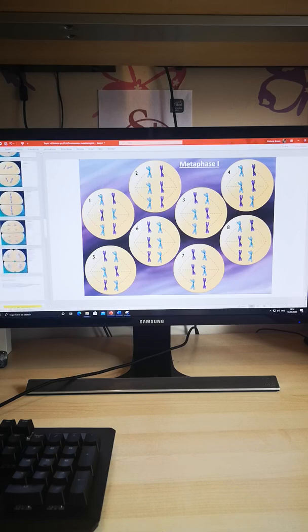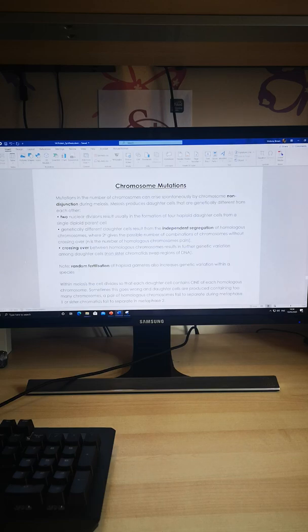I don't know if that's all the possible combinations. You can check it out. And that's without even considering crossing over. Remember, crossing over is where non-sister chromatids swap regions of DNA at their chiasmata points. On top of all of that, random fertilization of the haploid gametes increases genetic variation. So that's the normal meiosis recap.